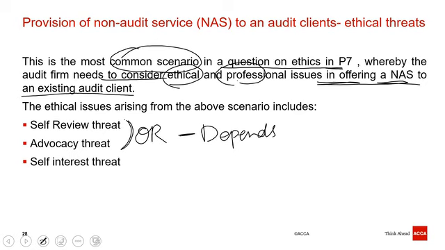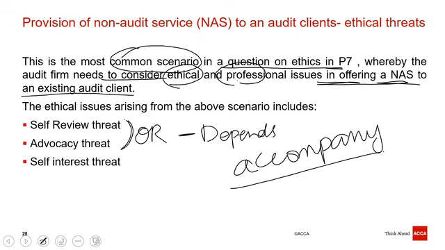Now, obviously, if it is your audit client and you accompany your audit client to a meeting with a bank, then to accompany means that you are advocating, because advocating means that you are promoting the client's business interest. I hope you're clear with the definition of advocacy. Advocacy means that you're promoting the client's business interest. So when you accompany the client to a meeting with a bank, you are basically advocating your client's business interest.